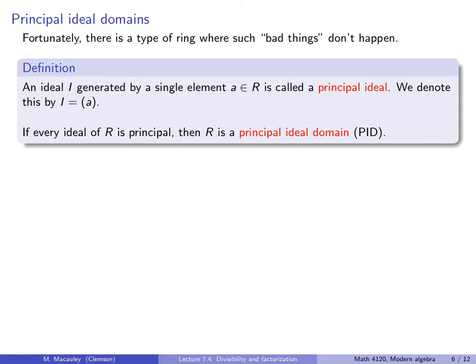Next, if every ideal of R is principal, then R is a principal ideal domain, or a PID. So notice that R itself is an ideal, so it has to be generated by a single element. So this truly is the ring theoretic analog of the concept of a cyclic group. Now, we didn't prove it in the lecture.